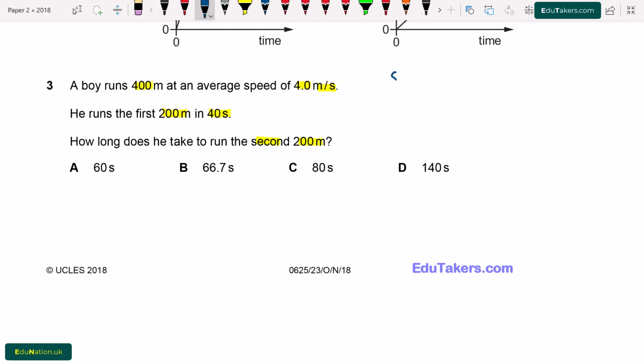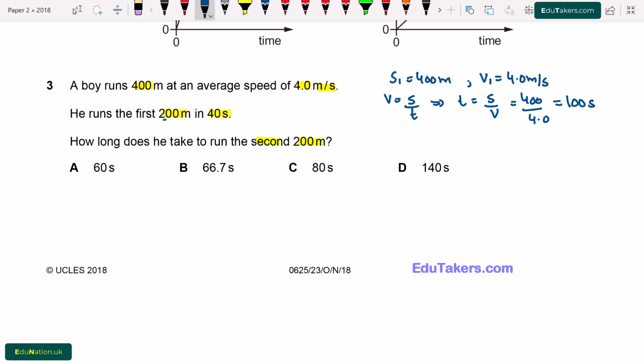First of all, the distance is given, that is 400 meter, and the speed is also given, 4.0 meter per second. We know that speed is equal to distance over time. From here we find the value of time. It will be equal to S over V, 400 divided by 4.0, which is equal to 100 seconds.